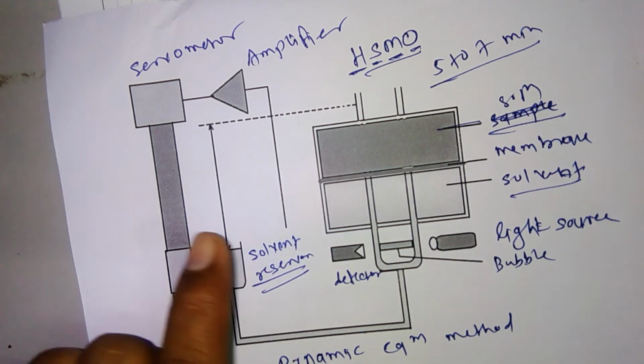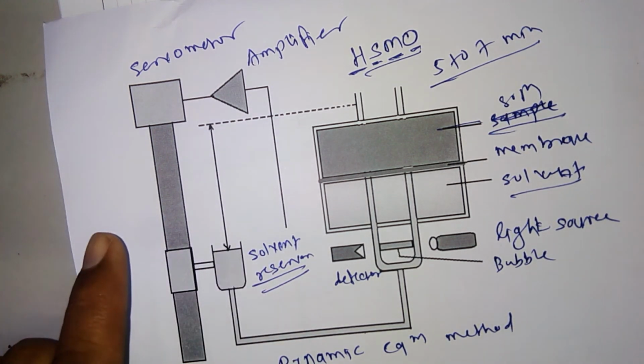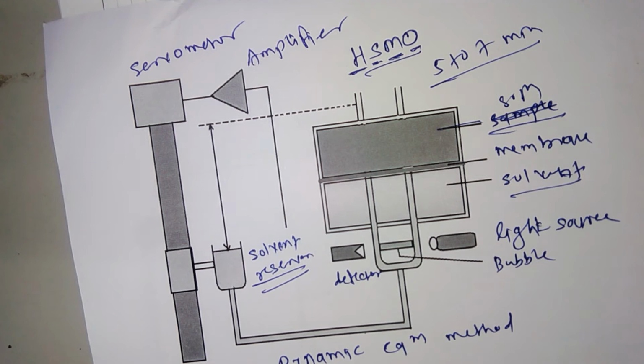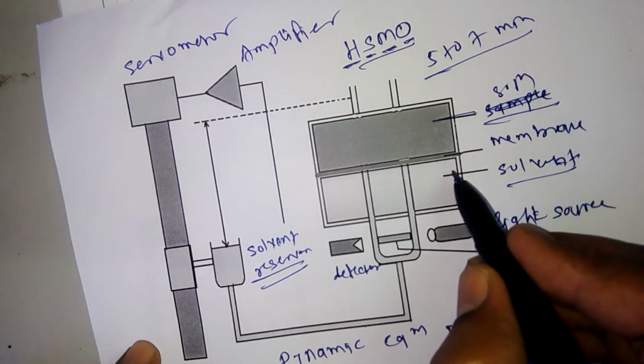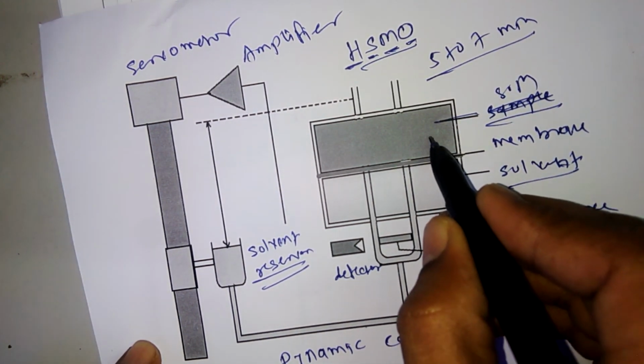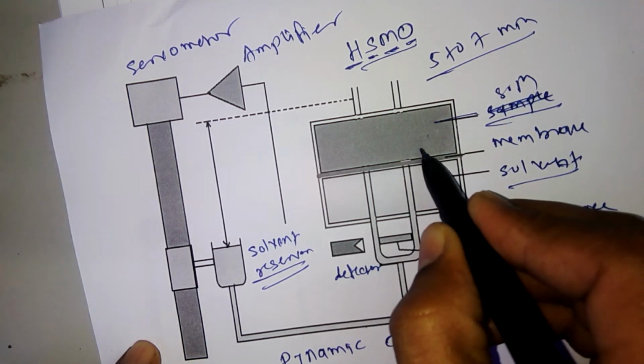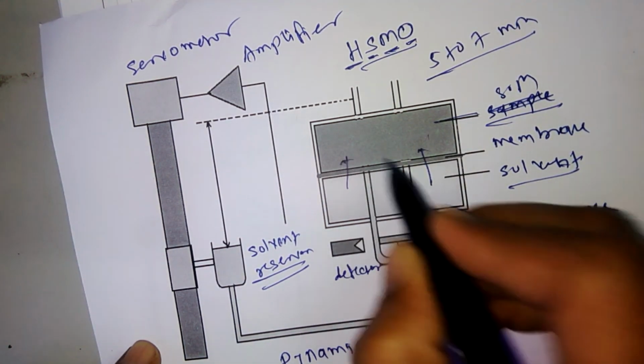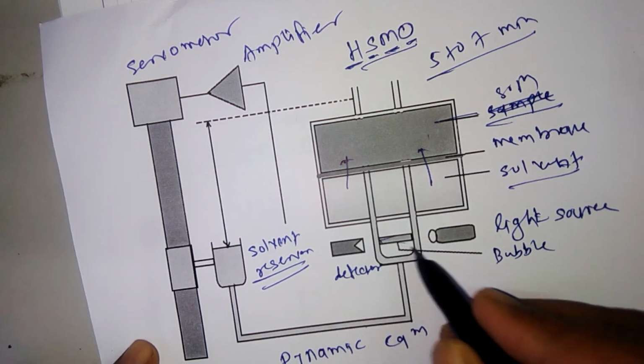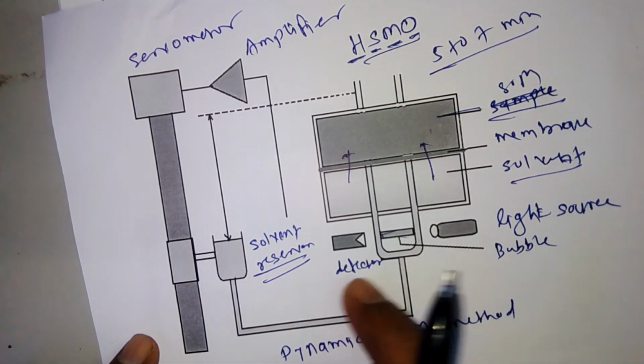The pressure head of the reservoir gives the osmotic head. So this is the solvent and this is the sample solution. Solvent again moves from the solvent compartment to the solution compartment. That's why this bubble goes on changing its position, and it is detected by the detector.